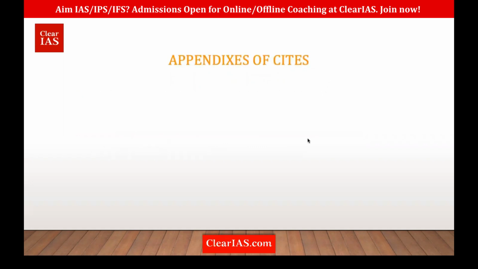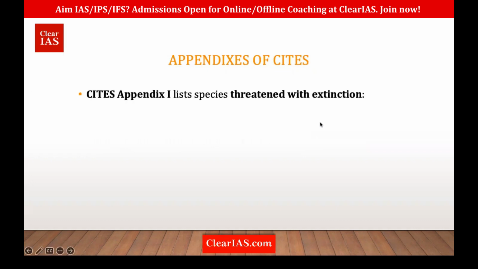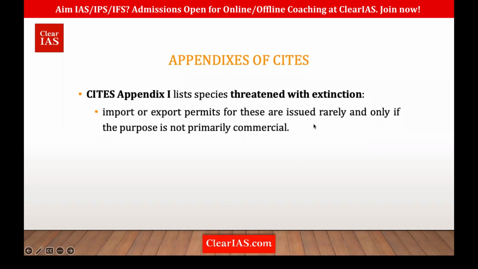CITES has appendices. There are actually three appendices, and the first two are very important. The first appendix is of species threatened with extinction. You are not supposed to trade these species which are on the verge of extinction, but you can trade them only for non-commercial purposes, such as research or government purposes.